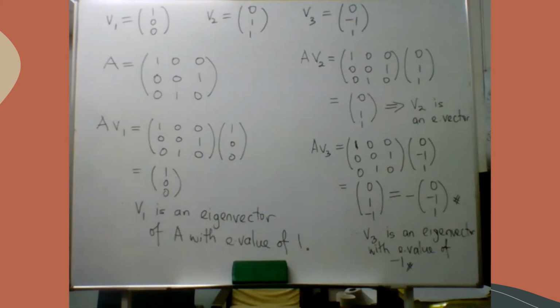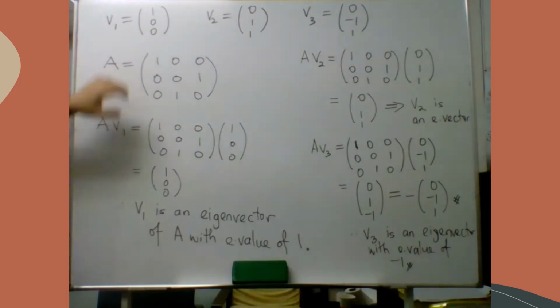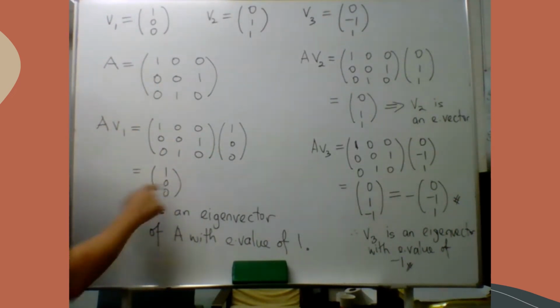Let's work with the first one first. V1 is equal to 1, 0, 0, and the operator A is here. Let's say I take operator A multiplied by V1, and you see that it will give you the same eigenvector as well.